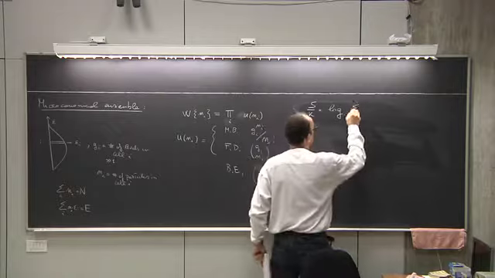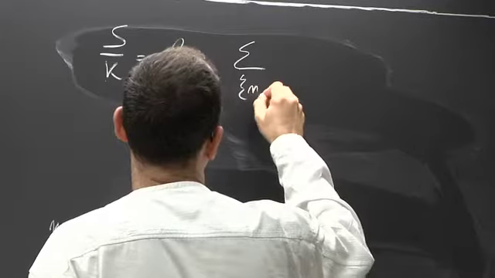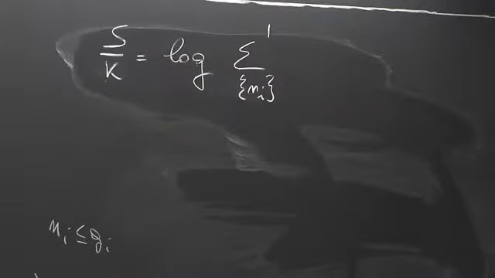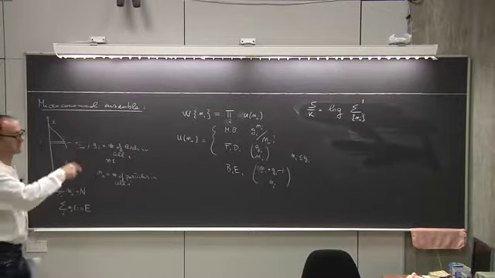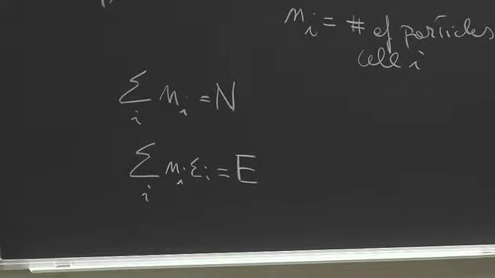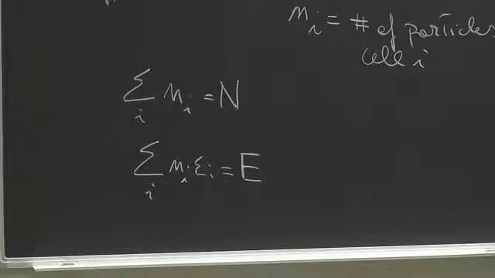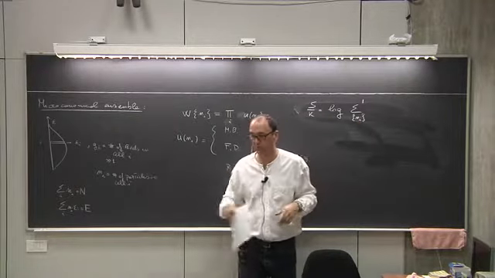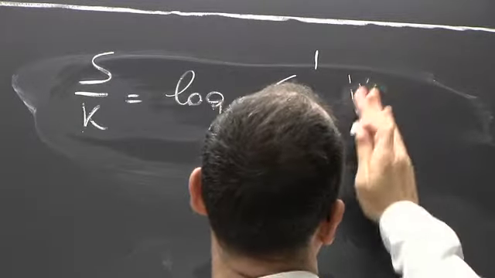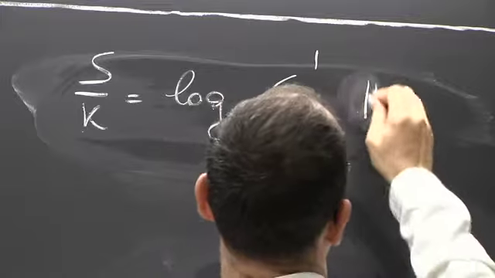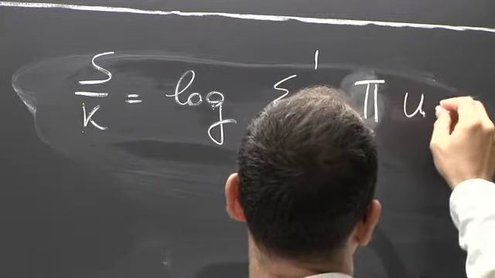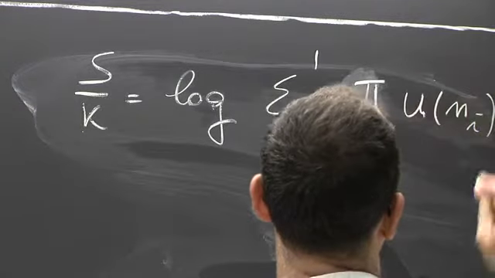So it will be the sum over all the ni which are consistent with these two constraints. This prime means that this sum will only run on sequences of occupation numbers which satisfy these two constraints, of the W of, well, if you want, the product over i over all the cells of this W of ni.